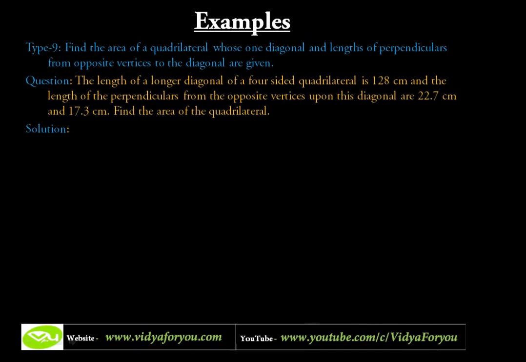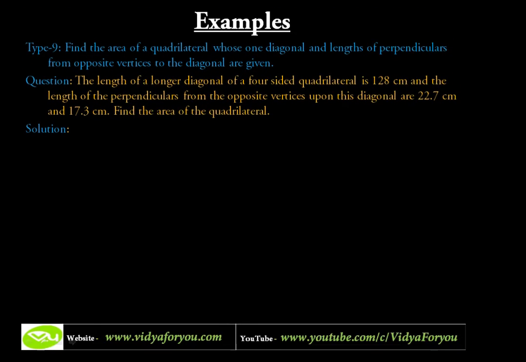So next question is finding the area of quadrilateral whose one diagonal and length of perpendicular from opposite vertices to the diagonals are given. So if we try to draw a diagram for this, let's take this as a diagram.